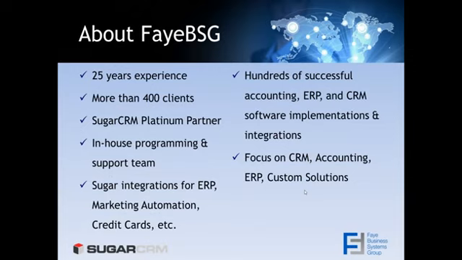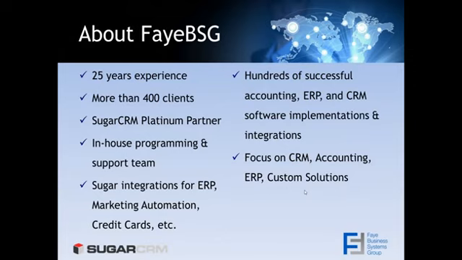Very quick about ABSG, we have 25 years of experience. We are a Sugar Platinum partner now, and we're known for being a leading provider of Sugar integrations, including accounting and ERP software like Sage, Intacct, QuickBooks, Constant Contact, and Authorize.net.